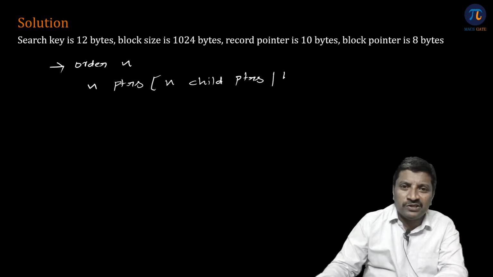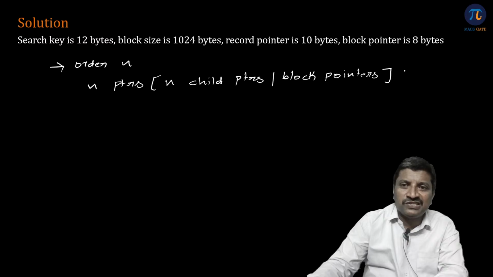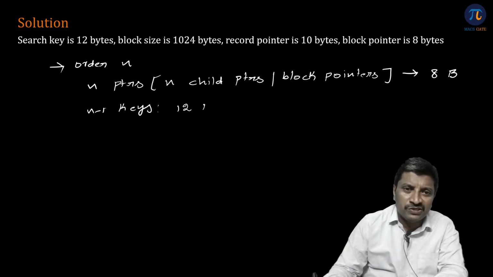Here the child pointers mean block pointers. What is the size of a block pointer, sir? 8 bytes. Then since I have n pointers, it will have n minus 1 keys. What is the key size? 12 bytes.